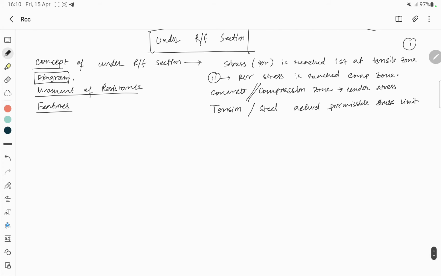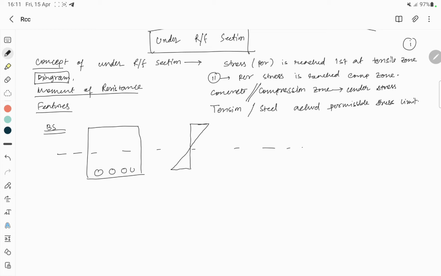First I draw the diagram of the balanced section, then you understand better. This is your beam cross section. This is your neutral axis for the balanced section. This is the actual diagram for the neutral axis.